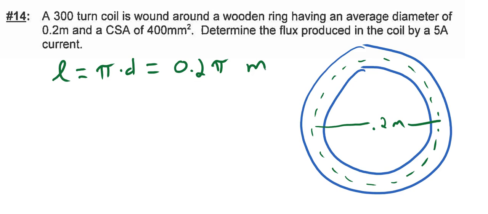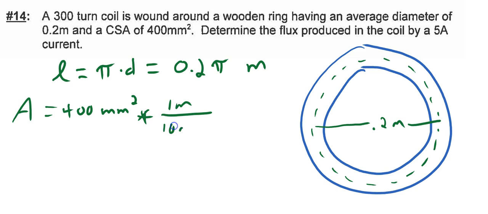In addition, let's think about the cross-sectional area here. We have the area given as 400 millimeters squared, and remember that we must use the base unit of meters squared, and so convert millimeters squared to meters squared by multiplying by 1 meter over 1,000 millimeters, and again by 1 meter over 1,000 millimeters.